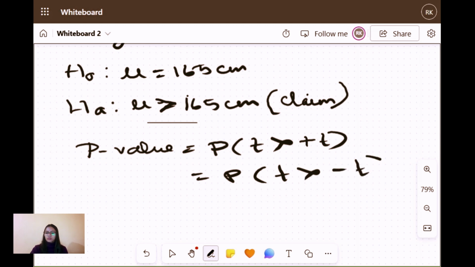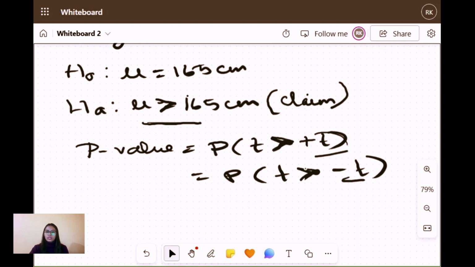Don't get confused by the sign: if we have a numerical value of t, whatever the sign, negative or positive, you always need to find the probability greater than that value.